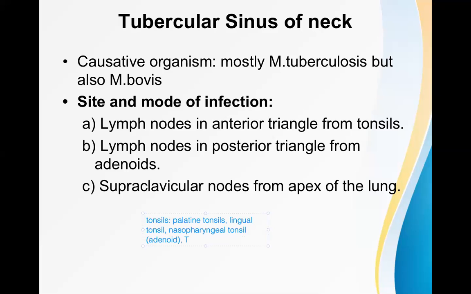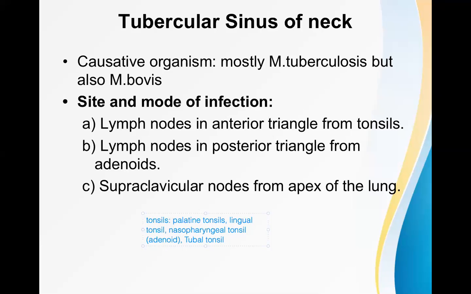And the last one is called tubal tonsil. Tubal tonsil means it is present at the opening of the Eustachian tube at the nasopharynx area. Remember Eustachian tube, also known as auditory tube. So where is that auditory tube connecting? Which 2 structures are connected by the auditory tube?